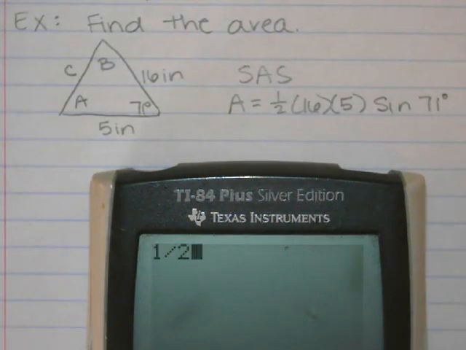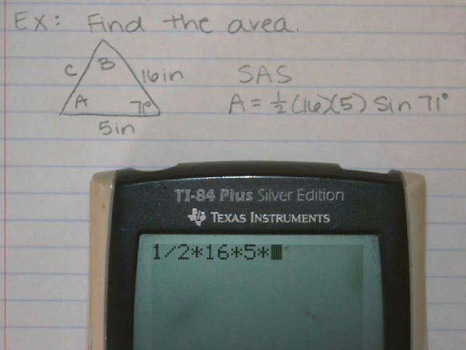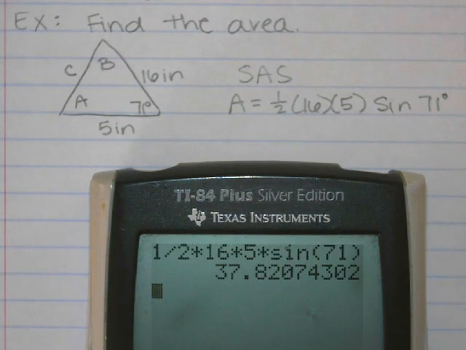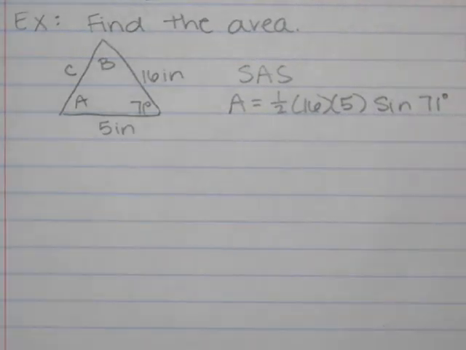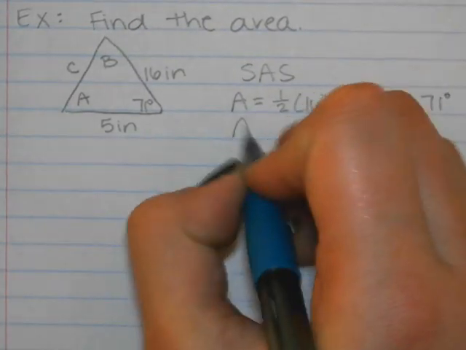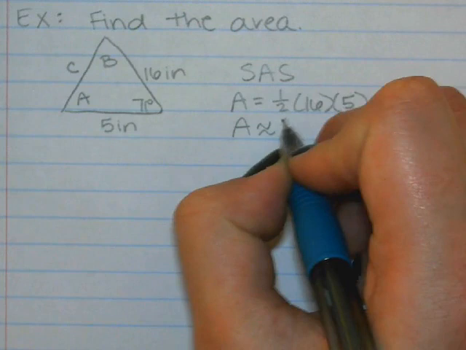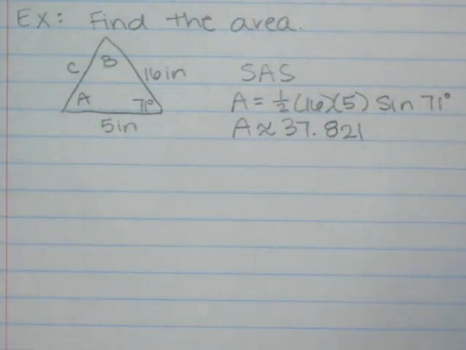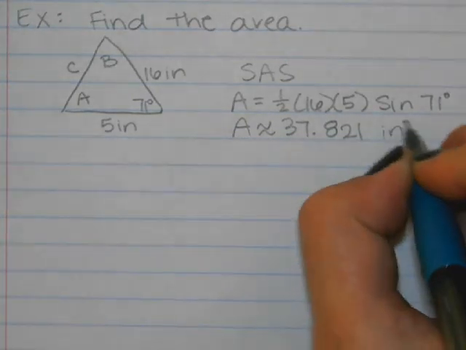So 1/2 times 16 times 5 times sine 71. So we're going to say the area is 37.821. What are the units? Inches squared.